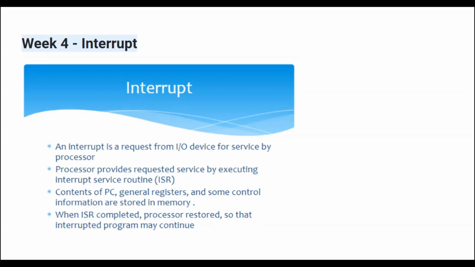When we say an interrupt, it is a computer signal that is sent to the processor to request immediate attention. When the processor receives this request, it suspends what it is doing and runs the process associated with the interrupt.